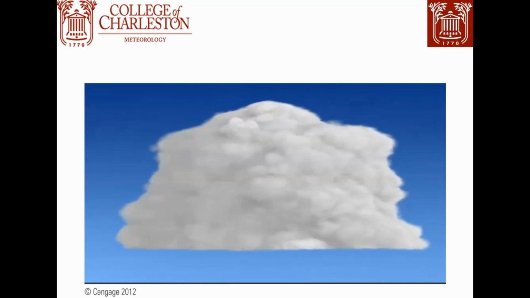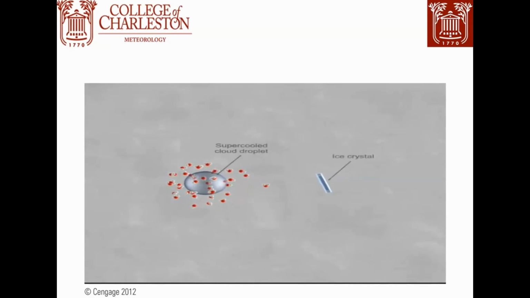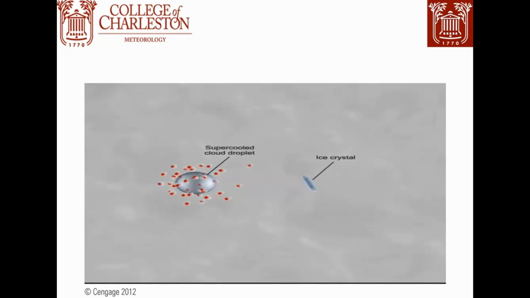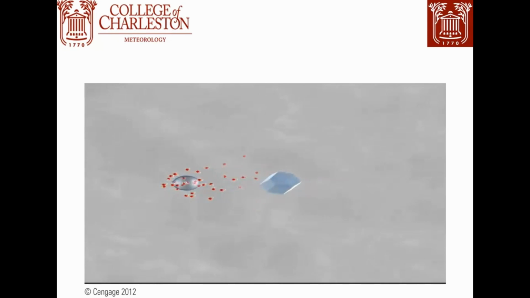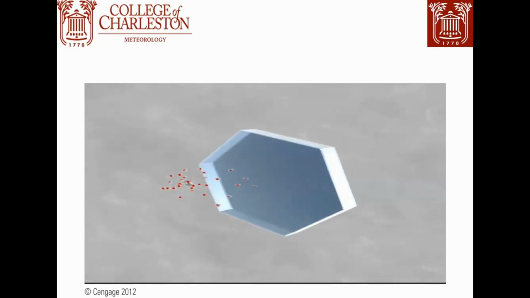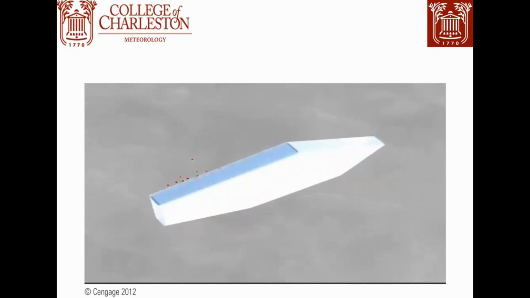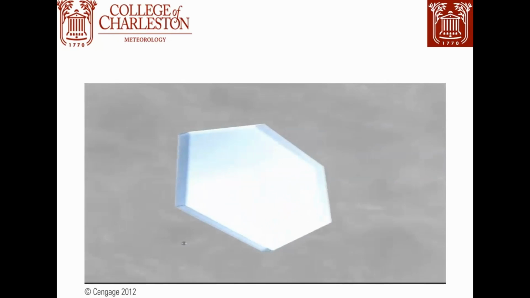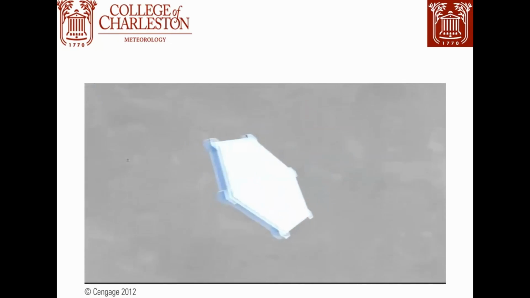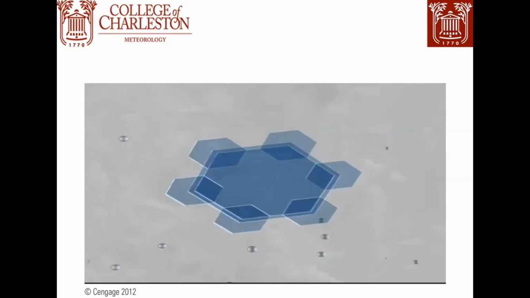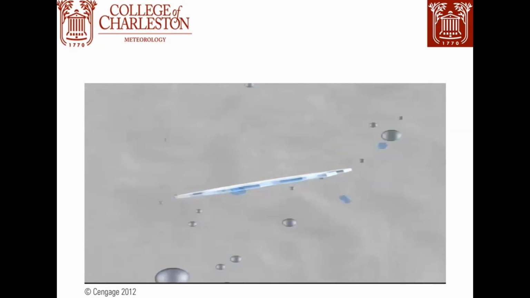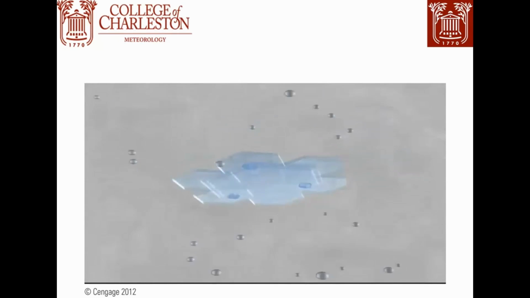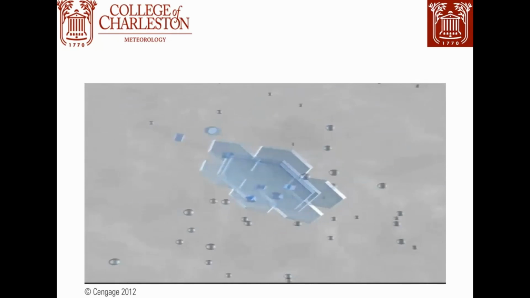The Bergeron process can be summarized as follows. Within the cloud, the air reaches saturation, and some of the droplets come into contact with ice crystals that we call freezing nuclei. So that means we now have in the cloud a combination of ice crystals and cloud water droplets. Now, from the perspective of the cloud droplets, the air is at saturation.